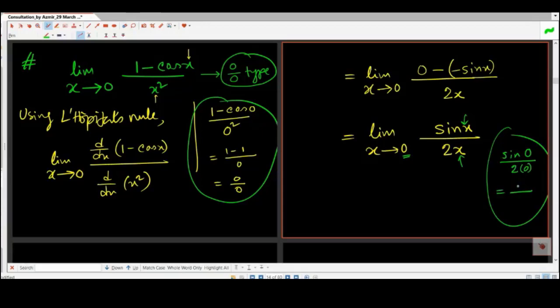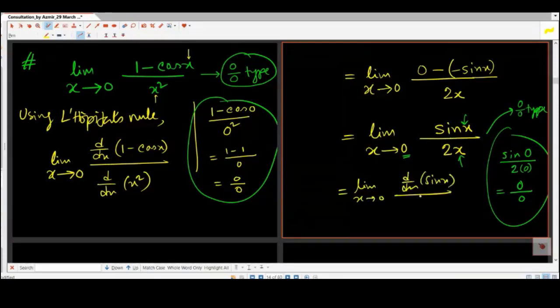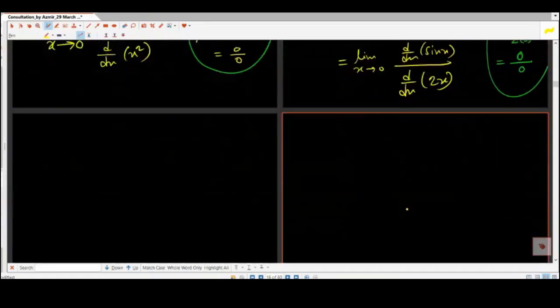So sine 0 means 0, 2 times 0, 0. So again, we have found 0 by 0 type. So that means we have to differentiate again. So we are differentiating sine x separately and we have to differentiate 2x separately.